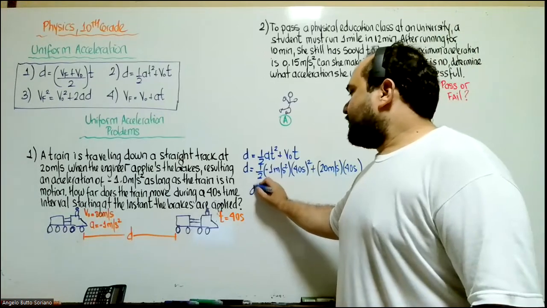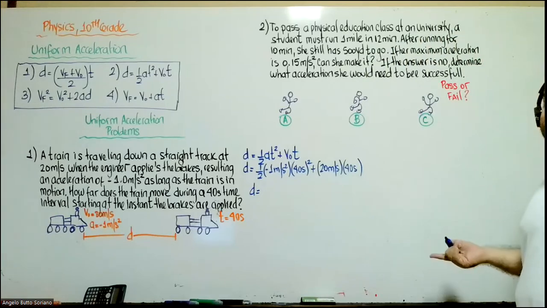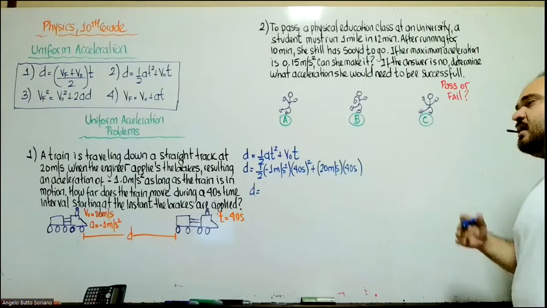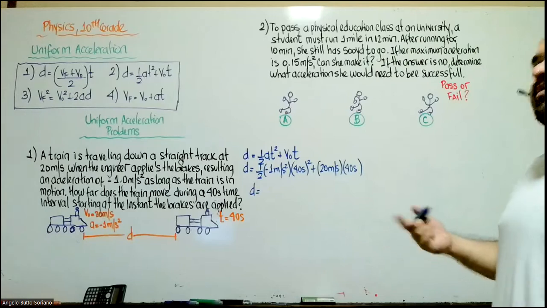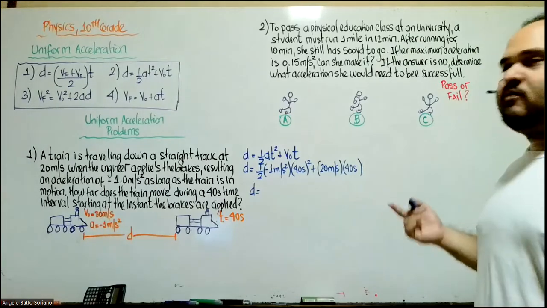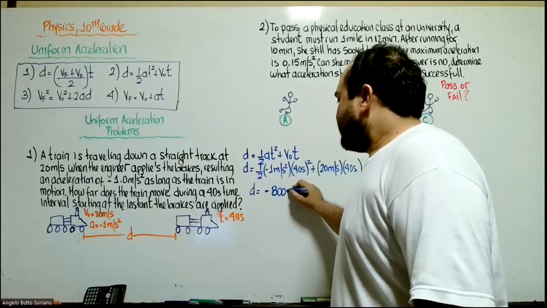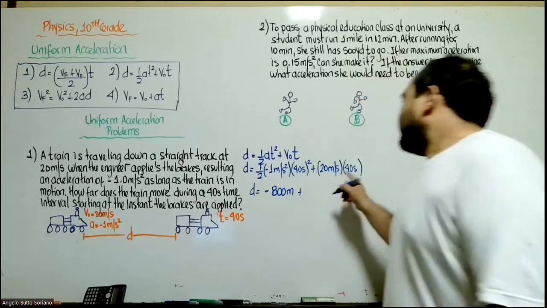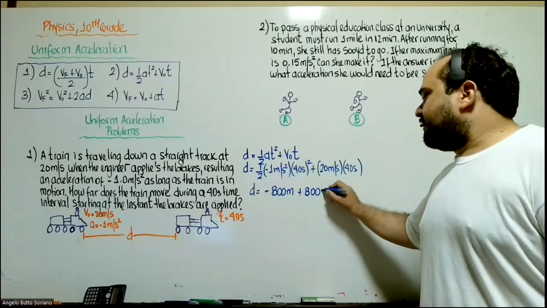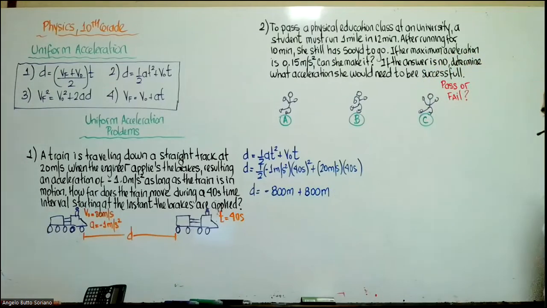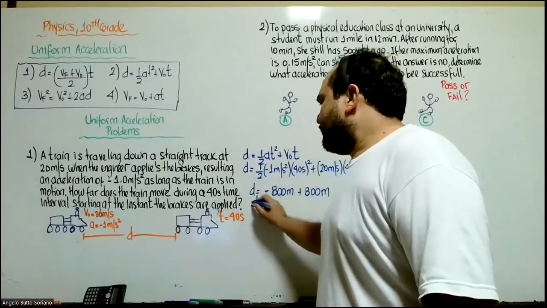Let's see what happens. 40 squared is 1600. Multiplied by -1 is -1600, times one half is -800 meters, plus 40 times 20, which is 800. We have 800 meters minus 800 meters, and the distance will be 0.